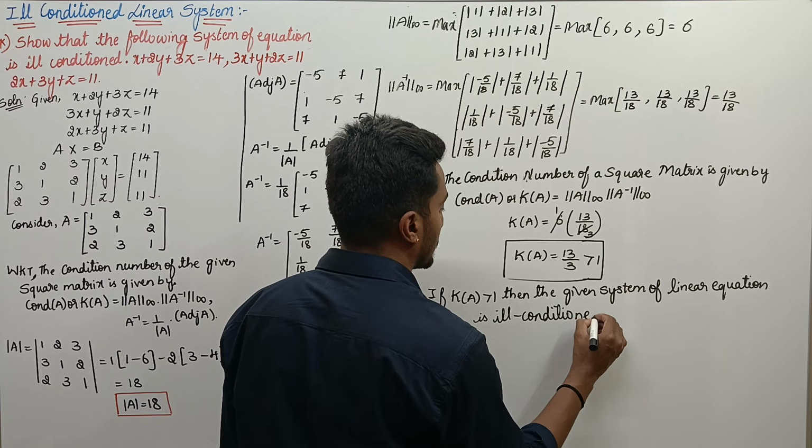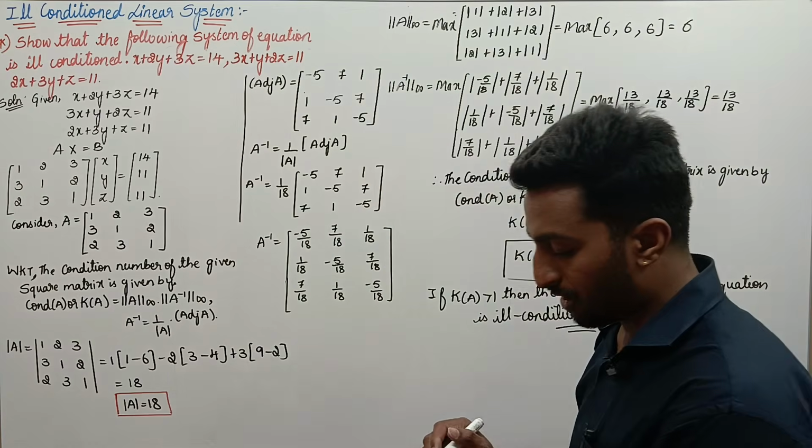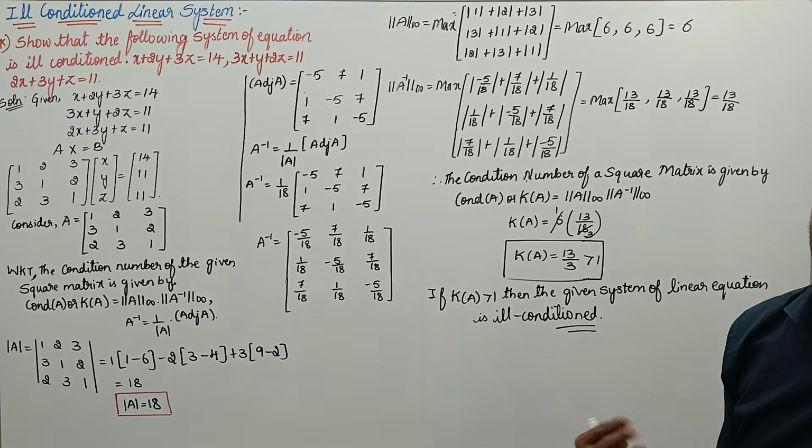Ill condition. That's it. The point is, if K of A is greater than 1, it is ill condition. If it is less than 1, it is well condition.